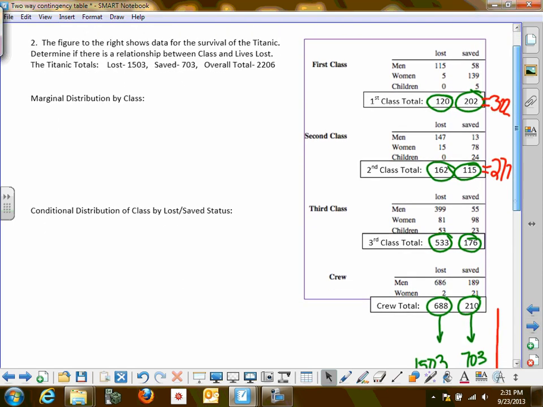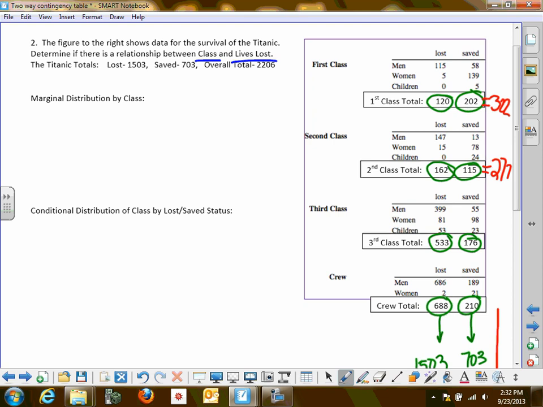Okay, next. Let's look at this. This is actual data about the Titanic. And there actually are more numbers than you need on this. And I did that on purpose. I left all those there because I want you to think about what values you really actually need. So what happens is, since this is a problem not asking about is there a difference between your gender and your survival rate, it asks is there a difference in your class and your survival rate.